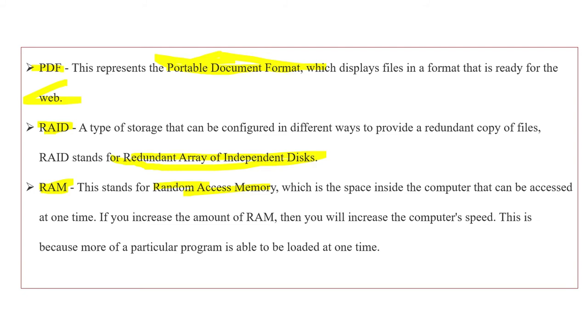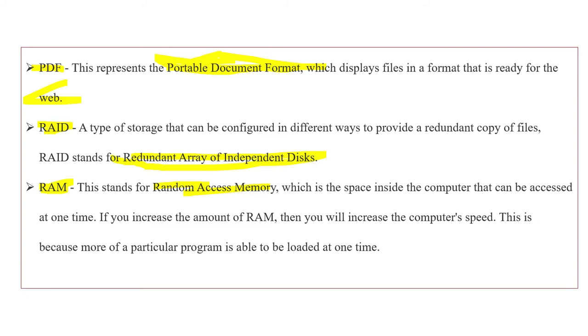If you increase the amount of RAM, then you will increase the computer speed. This is because more of a particular program is able to be loaded at one time. Means this is the primary memory. Actually, the whole system is dependent on it. Whenever the computer loads the data, it loads from the RAM only, and the whole processing data is stored on the RAM only. Okay, so the more the RAM, the more the performance of the computer.